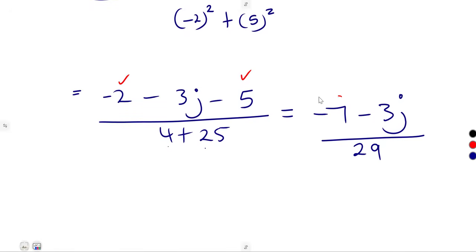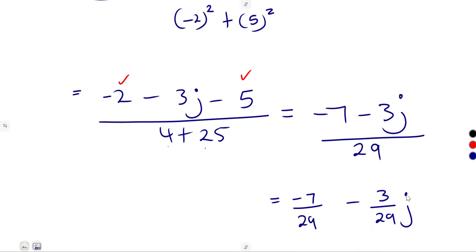So we can separate it, the real on its own, the imaginary on its own, or you can even just leave it as it is. They will mark you. So that's minus 7 over 29, and the j part, minus 3 over 29 j, as it is.